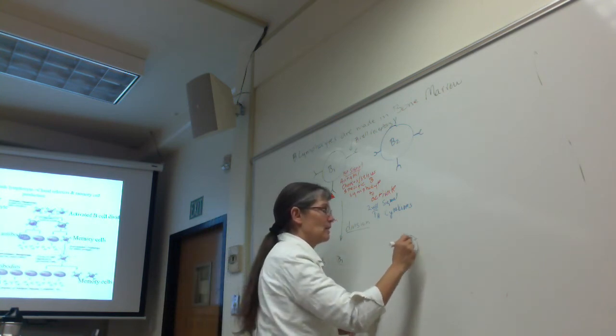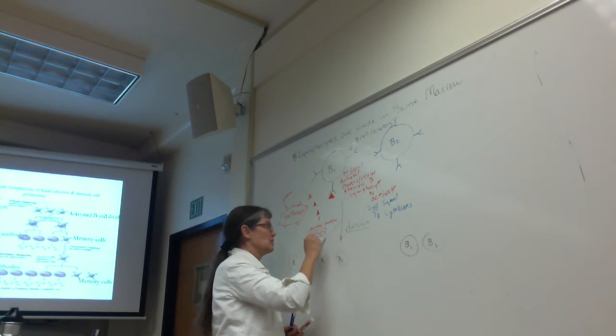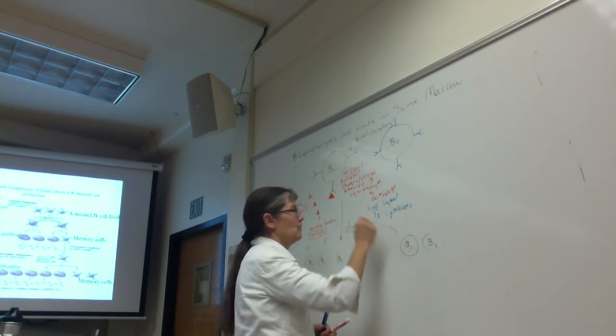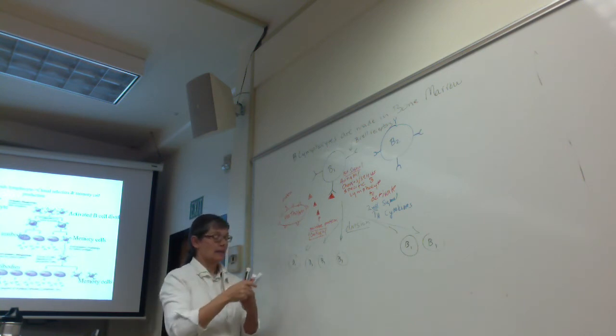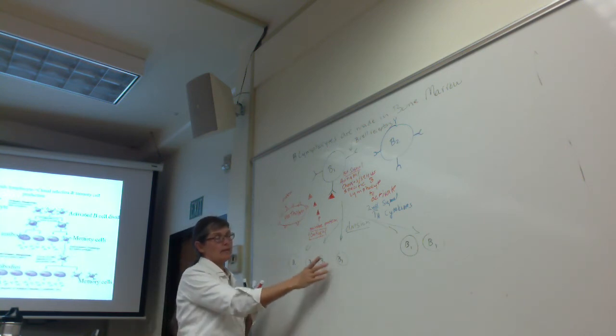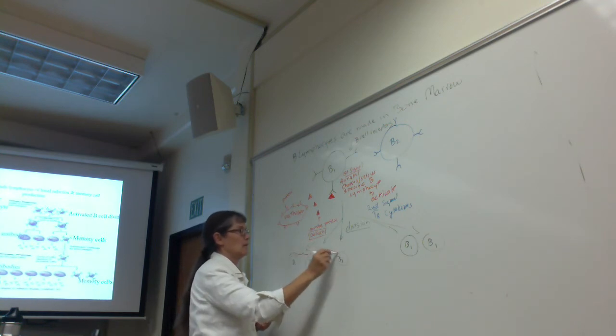So I'm going to put a little platoon over here, right? But these are all little clones of that original B lymphocyte that got activated. So this group over here, these are going to be our plasma cells. And what is a plasma cell?